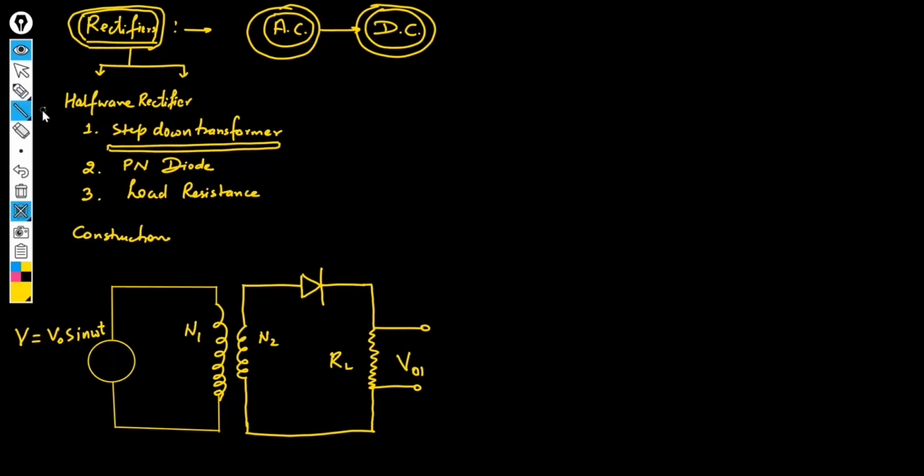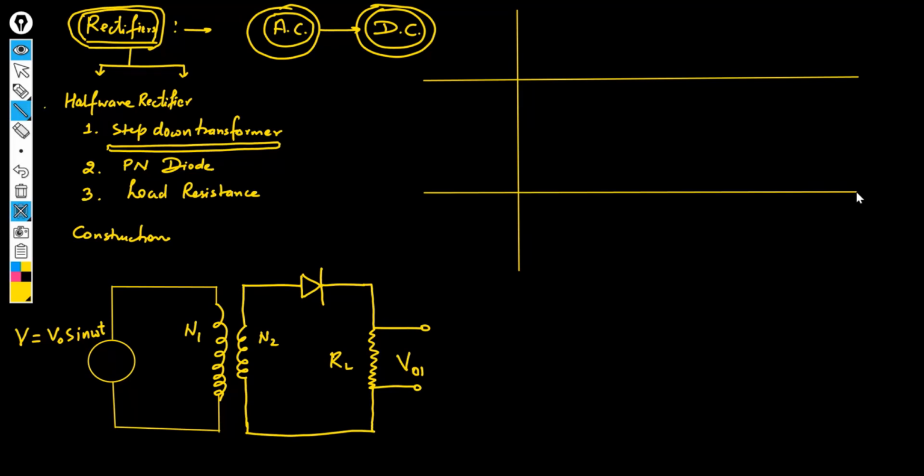We know the AC waveform of voltage. Let's say this is the input, and over here the input voltage waveform is like this.